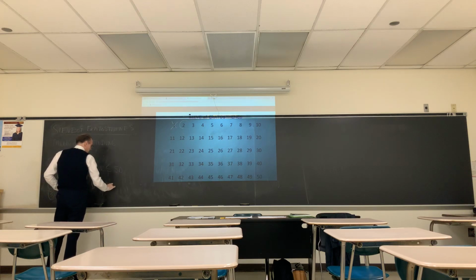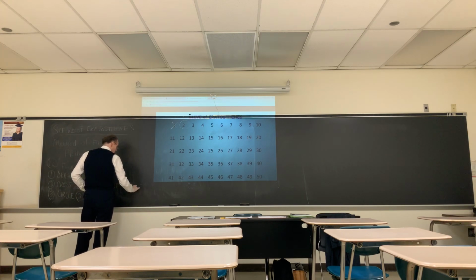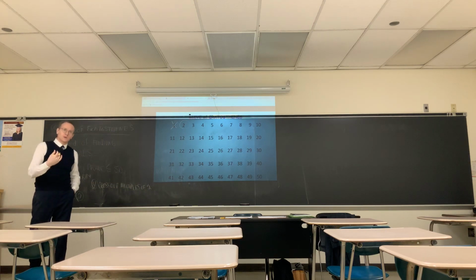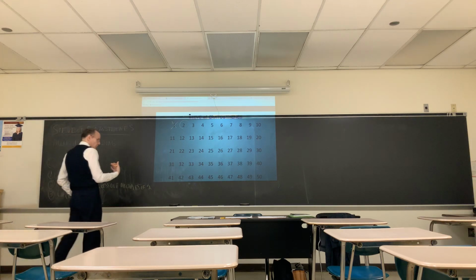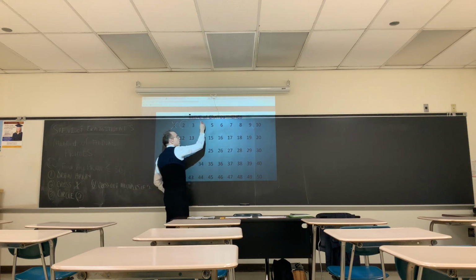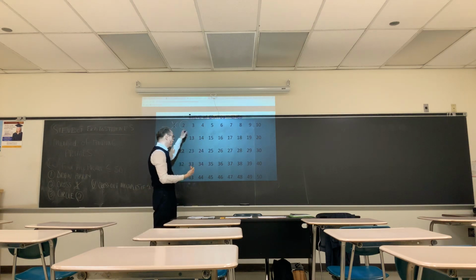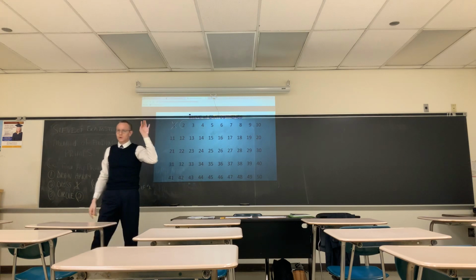cross out multiples of 2 by counting by 2. It would technically be 2 times 2, which is 4, 2 times 3, which is 6, 2 times 4, which would be 8, and so forth. But if you count by 2s, it's the same difference. So we're going to cross them out. 4 is a composite because it has 1, 2, and 4 as factors. 6 has 1 and 6, 2 and 3 as factors.